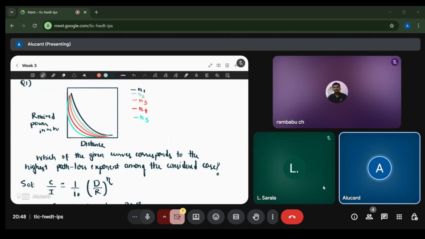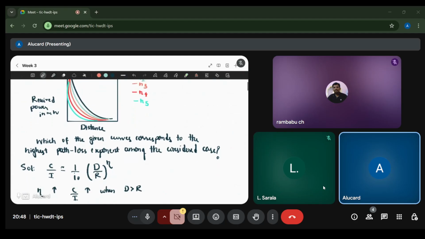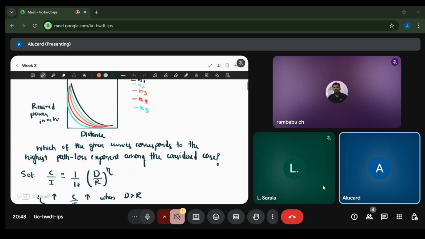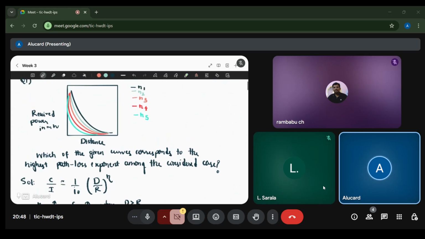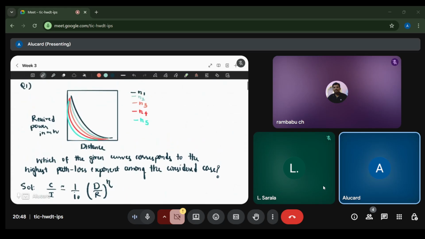First question is, which of the given curves corresponds to the highest path loss exponent among the considered cases? And there was an explanation given in the lecture. Of course, the explanation was actually for CORI, but it will apply here also, assuming that the received power is interference limited.